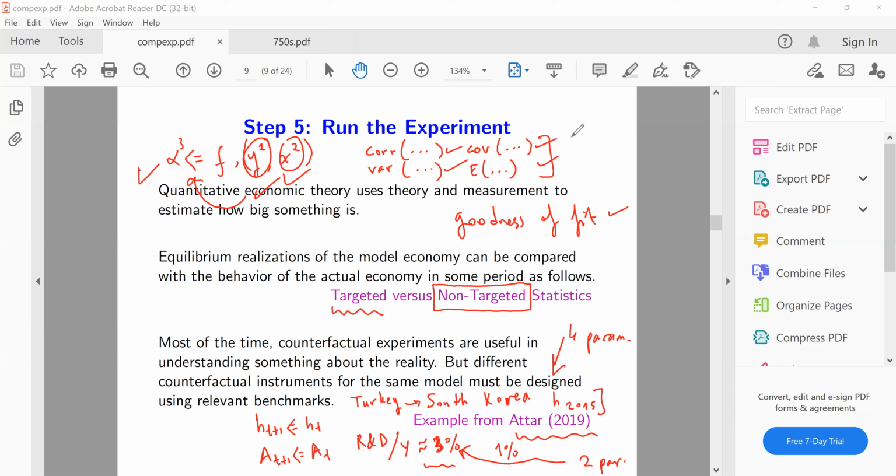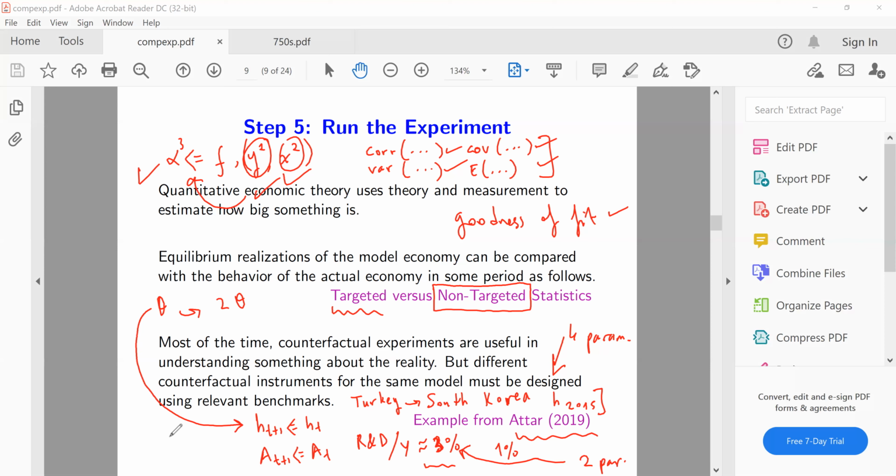So it is not okay to say, okay, there is this parameter theta, and I am looking at what would happen if theta is 2 times larger. This doesn't correspond to any benchmark, but instead, you may imagine that I'm increasing theta to make Turkey in 2015 like South Korea.